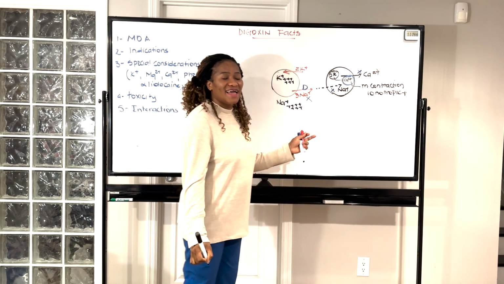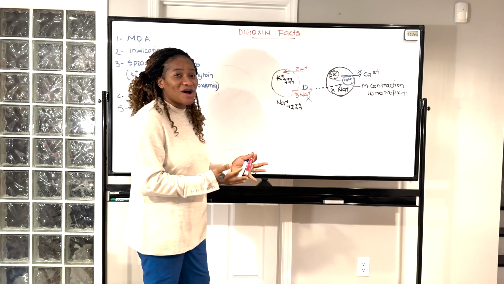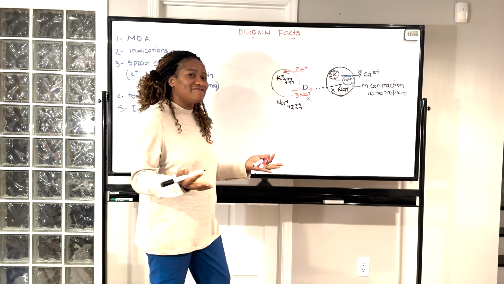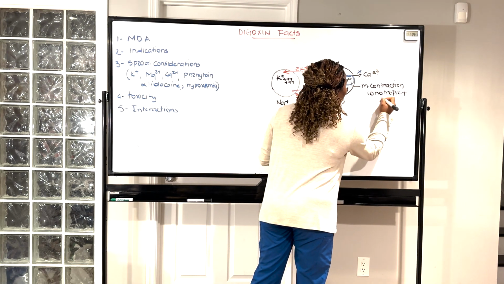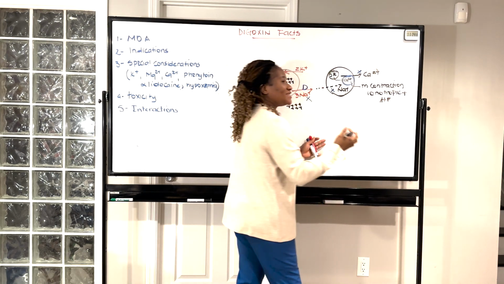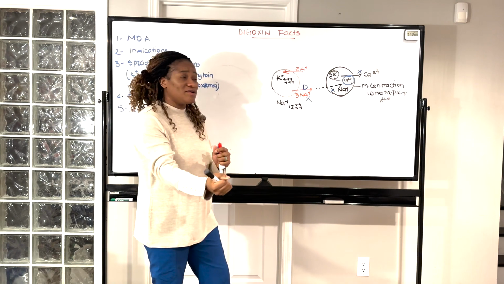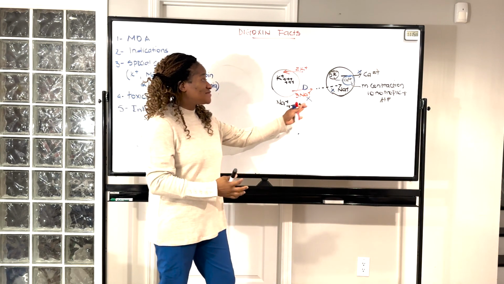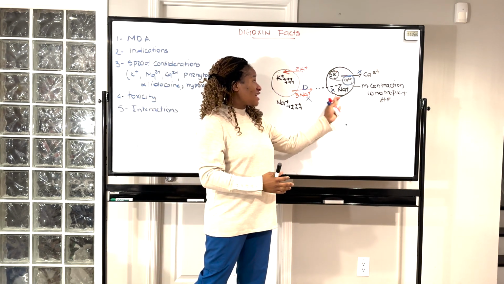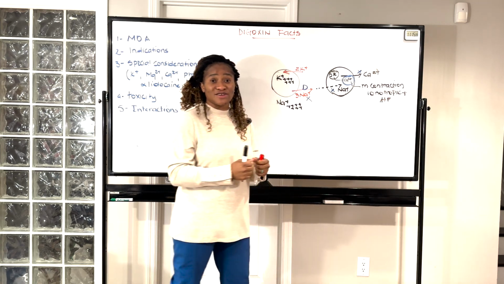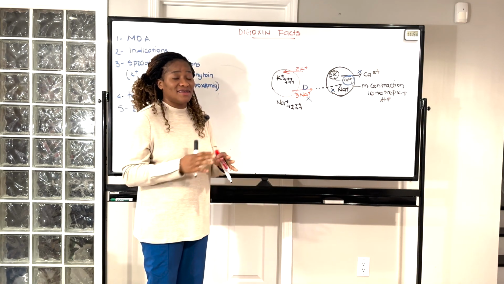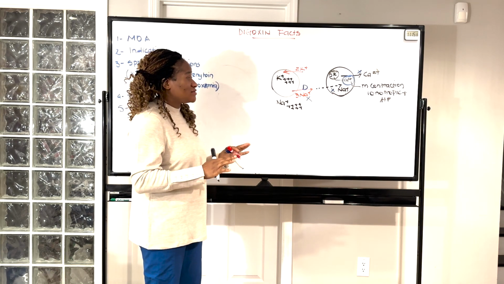And this is the reason why we use digoxin in heart failure, because our heart is unable to pump that much blood, and digoxin, through this mechanism, increases the calcium inside the cell and gives us that force of contraction, helping when the heart is unable to pump enough.